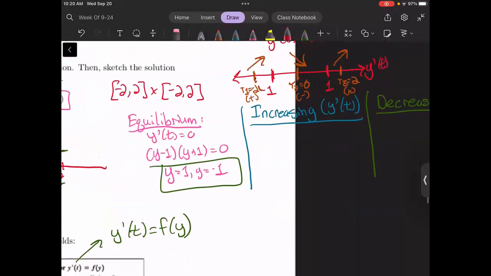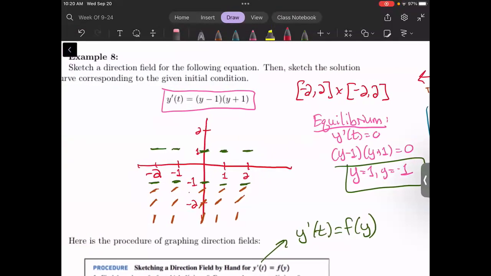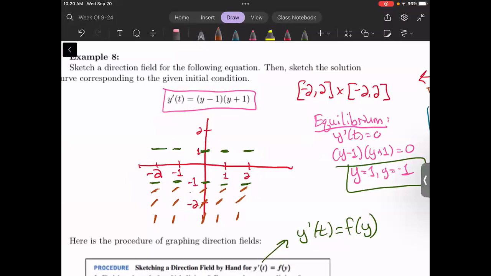When we are in between -1 and 1, we have dashed lines that have negative slope. So it will look something like this. Dashed here, dash here, and then dash here. And once we get closer to the equilibrium solutions, the dashed lines will be flatter, like this. And then flatter here, here, here, here, and then here.